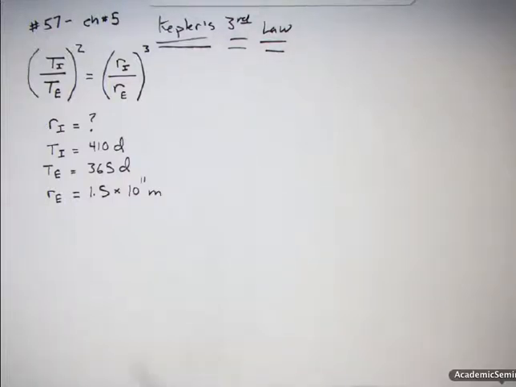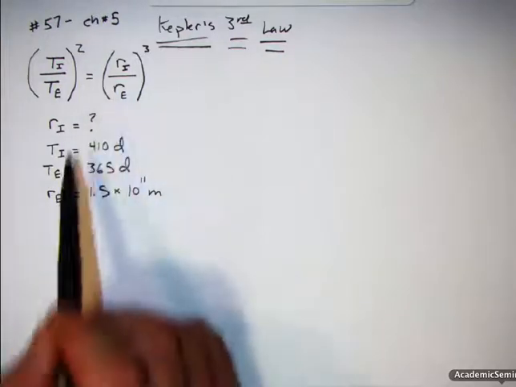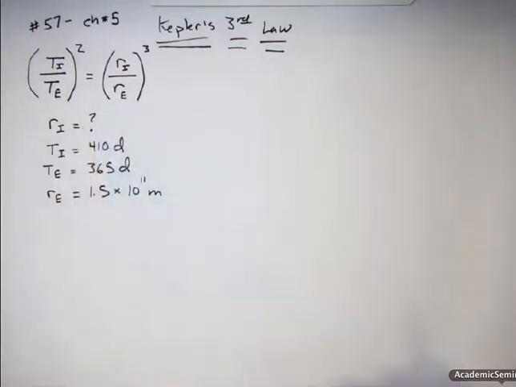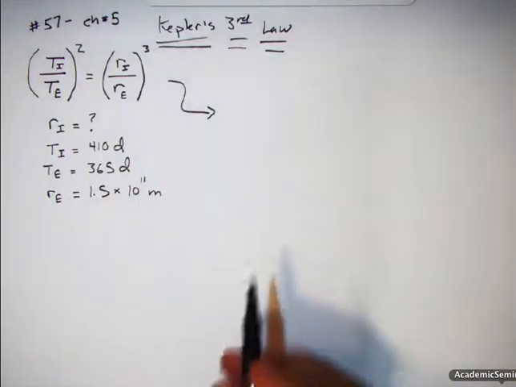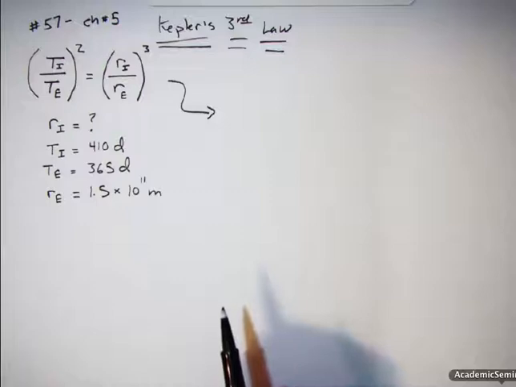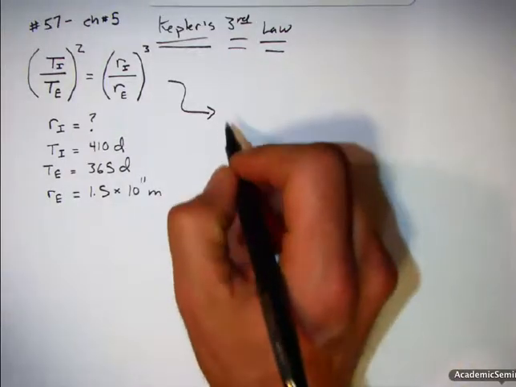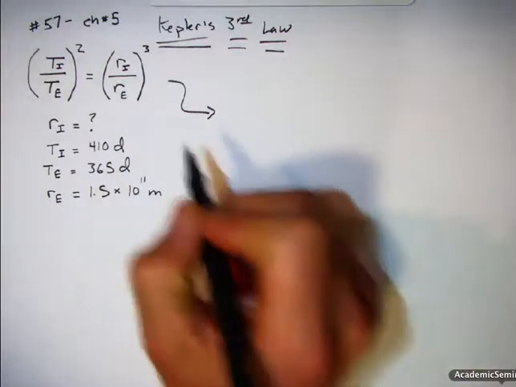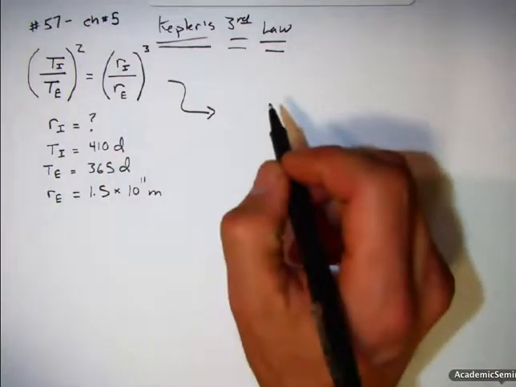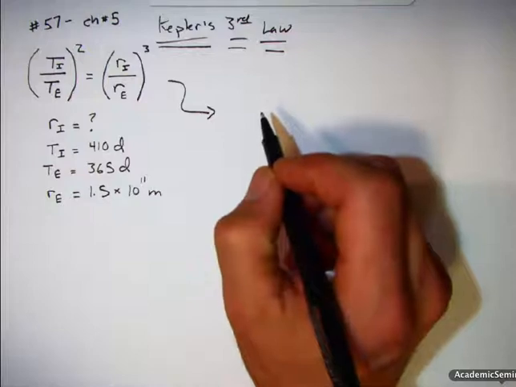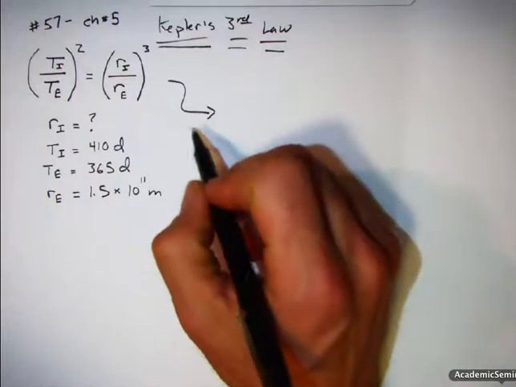Well, it looks like here we have an equation with 4 variables, and we know 3 of them. So this pretty much just comes down to some algebra. So let's go ahead and get to it. I'm going to solve this algebraically first.